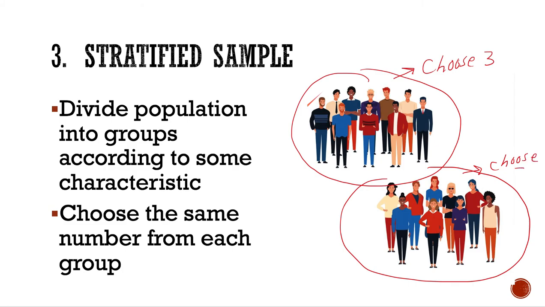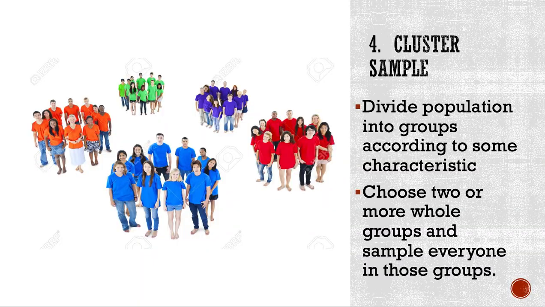And then we have a cluster sample, which works kind of the same way in the beginning. We still divide our population into groups according to some characteristics. This picture looks like we've grouped them according to shirt color. So we have all the people with orange shirts here. That's a group. All the people with green shirts here. That's a group.